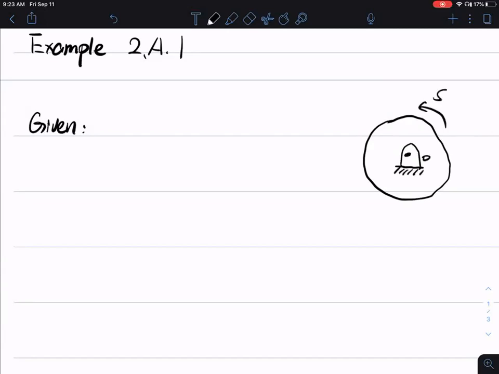Determine the angular velocity of the disk at this instant and determine the angular acceleration of the disk at this instant. Thank you. Okay. So just based on what is there, write down what the givens are and what you need to find for this example.